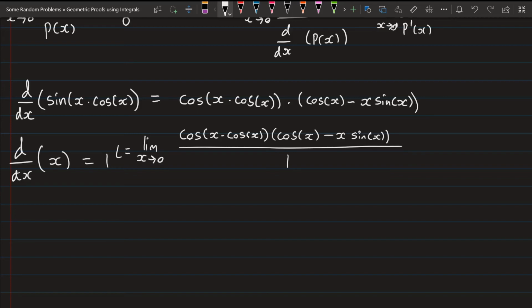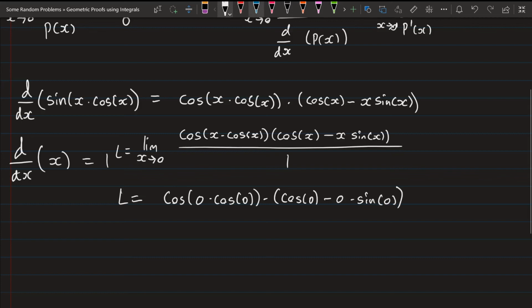So now let's evaluate this limit. L is going to be equal to the cosine of 0 multiplied by the cosine of 0 multiplied by the cosine of 0. A lot of cosine of zeros here. Take away 0. I was about to put an x, my bad. Of 0, sine 0. And using a different color here, we'll get here 0 multiplied by 0 is 0.